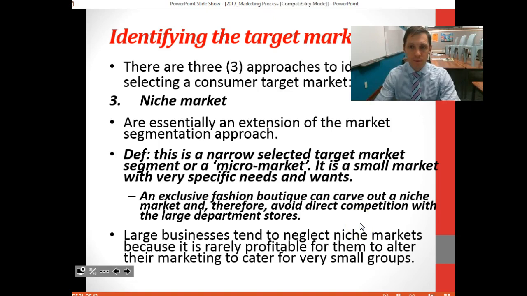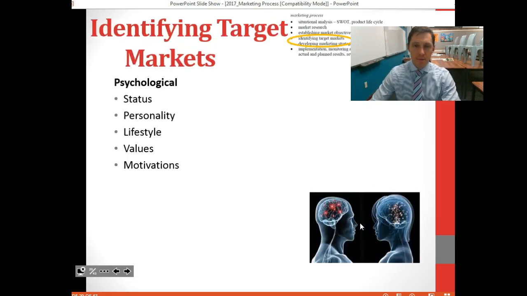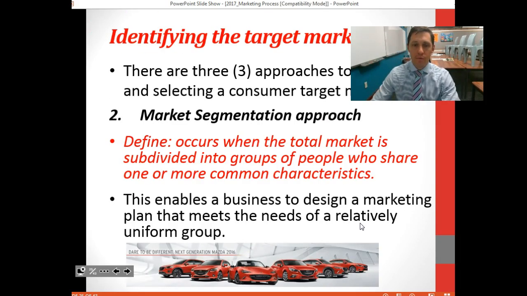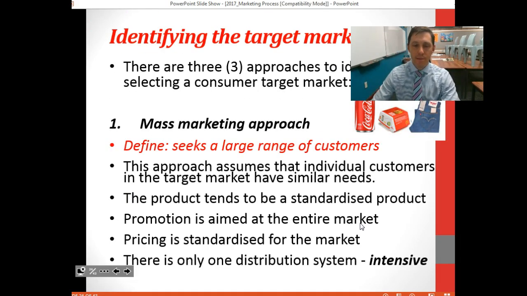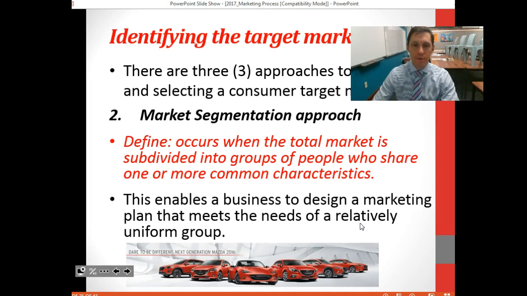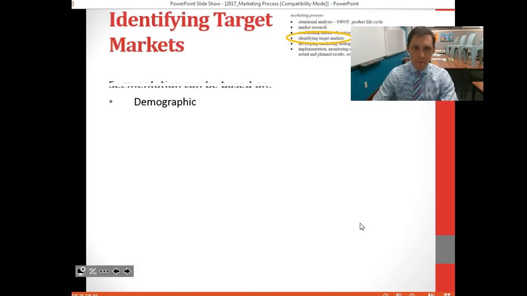Okay, so just to clarify, in terms of identifying a target market, this can be done through one of three methods. Firstly, a mass market approach, sell to everyone. Secondly, a market segmentation approach, where you look at segmenting your market according to things like geographic, behavioural, psychological factors.